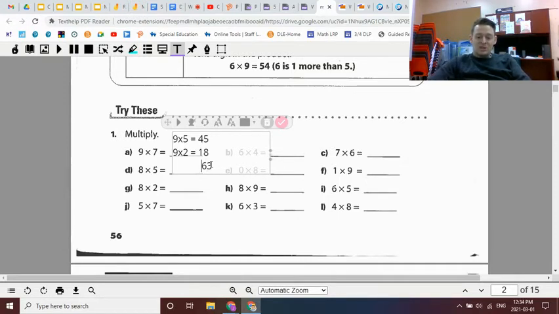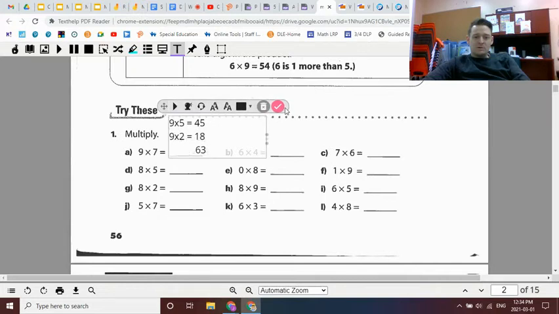And if I want to, I can check, because as I'm multiplying by 9, my answer should add up to 9, so 6 plus 3 equals 9. So I'm pretty happy with how that worked out.